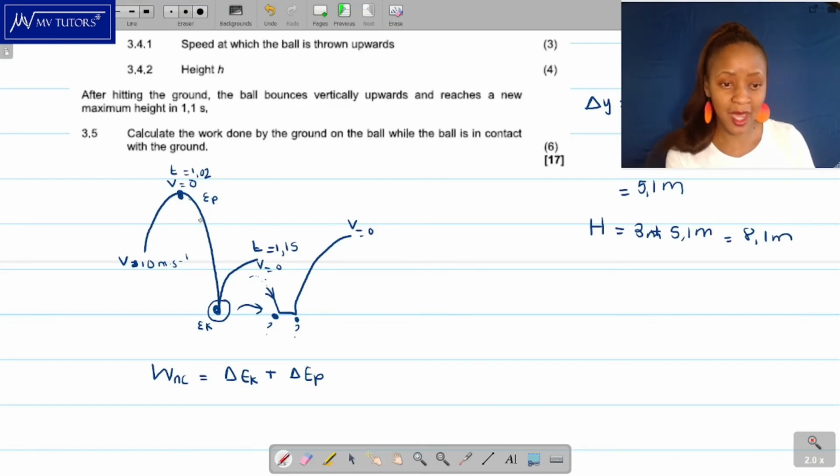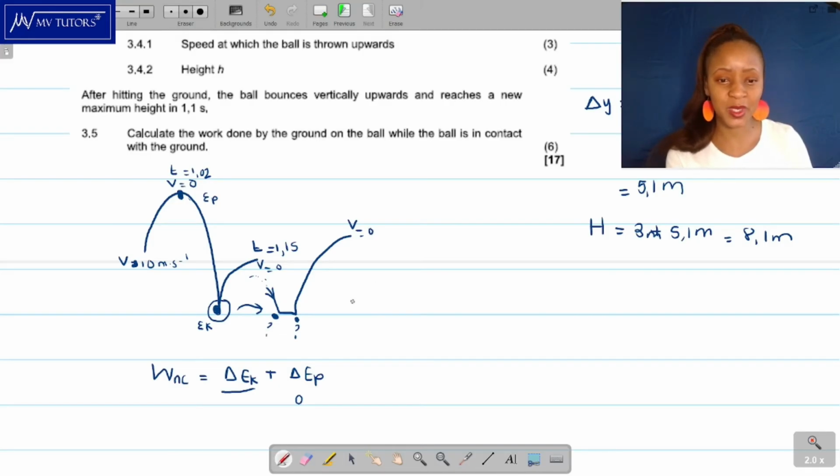As it goes down, your potential energy decreases and your kinetic energy increases until it reaches the bottom, where your kinetic energy is at its maximum and your potential energy is 0. So already we know this is 0. We're going to work out what our change in kinetic energy is, hence I need the velocity there and the velocity there.